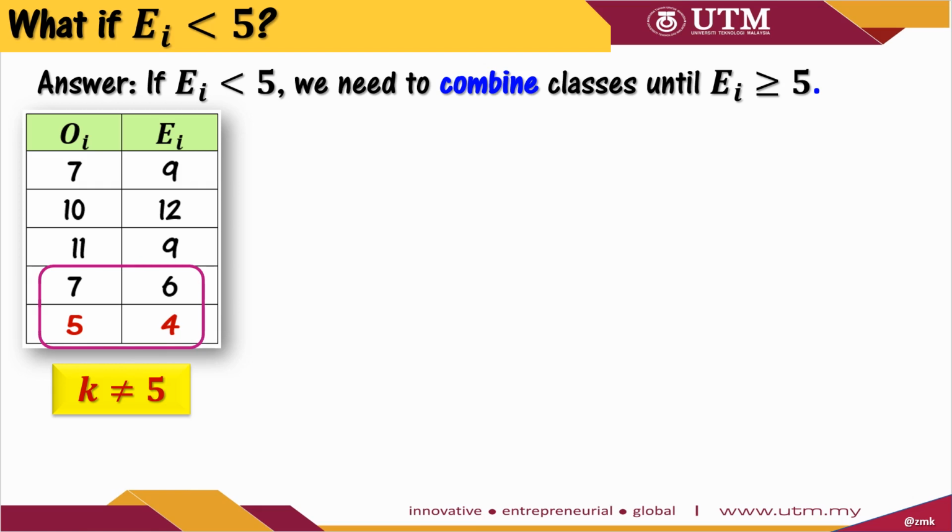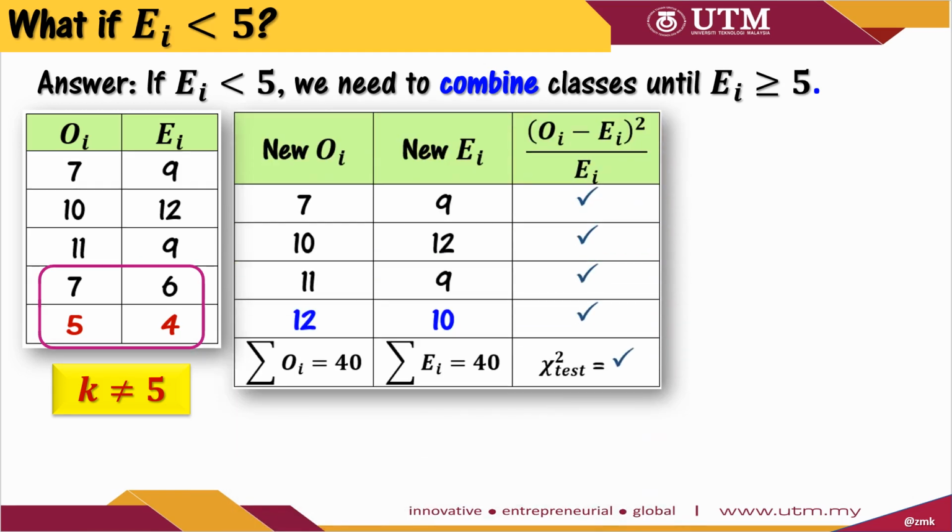After combining the last two classes, the new EI is 10 and so the new OI is 12. At this stage, all EI values are at least 5, therefore K is 4. The last column values can then be calculated, which leads to the correct test statistic value.